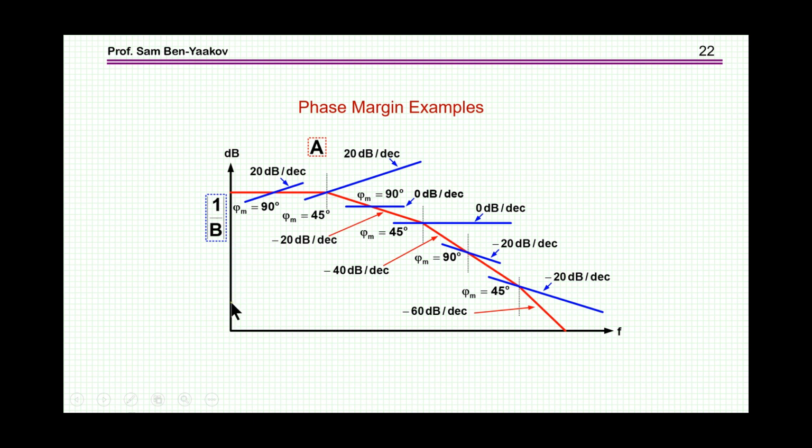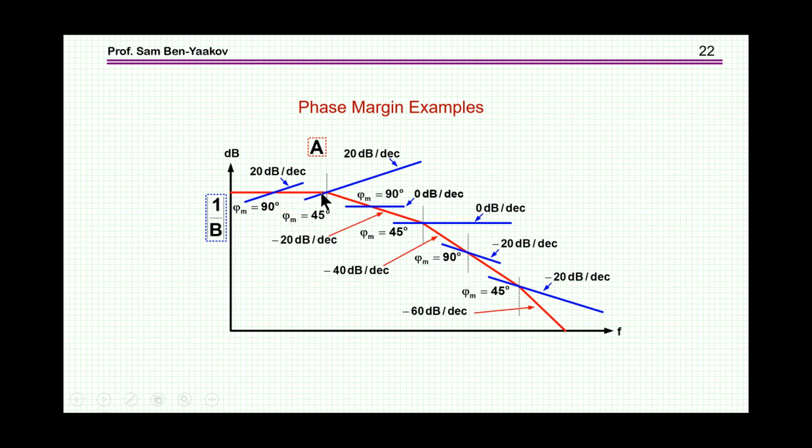So I understand that if the system has a constant value here, and I have a controller that goes up like this, this is 1 over beta of the controller, goes up like this, the rate of closure is 20 dB per decade, because this is 20 dB, and this is the rate at which this is closing, and the phase margin will be 90 degrees.